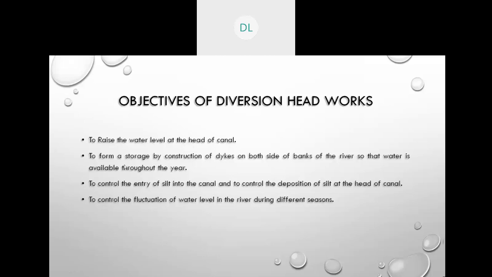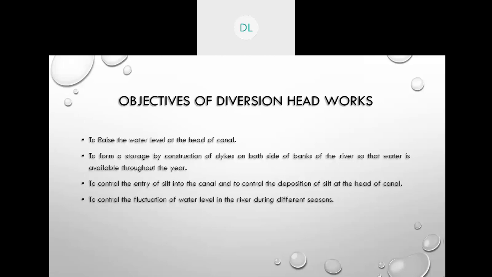The second objective is to form a storage by construction of dikes on both sides of the banks. These dikes are bunds and embankments. You could write down the word dike on a piece of paper and understand its meaning. This is a technical word. Dikes are earthen, compacted, consolidated embankments which retain the water within the sides of the banks of the river.